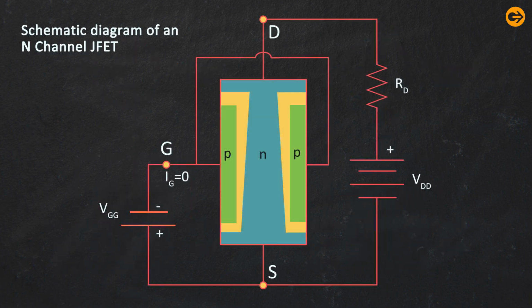The schematic diagram of an N-channel JFET is connected with a voltage source, that is VGG, applying the negative side on the gate terminal while the positive is on the source terminal. Another voltage, that is VDD, is applied to the drain terminal, and hence we can see that the current is flowing from source to drain.